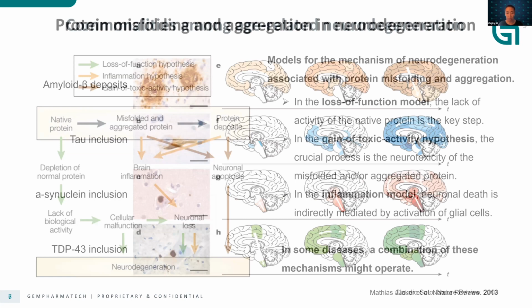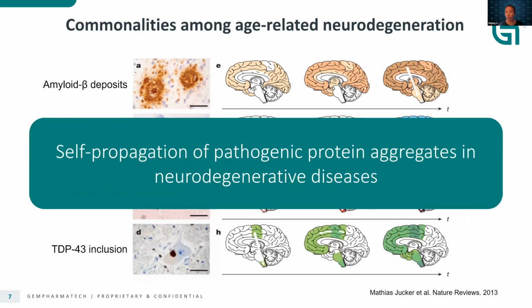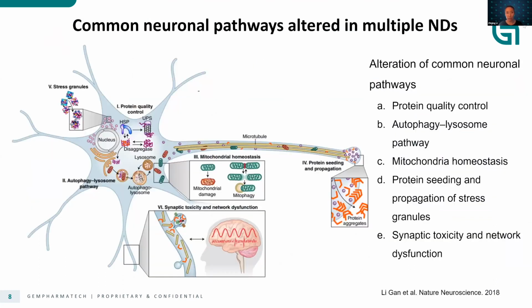In this slide, what is summarized together is quite a few proteins that have this property. The commonality here is that these misfolded proteins can self-propagate and lead to neuronal loss in patients. In addition to the misfolding and aggregation of proteins, there are several other common pathways that also take effect in leading to neurodegeneration.